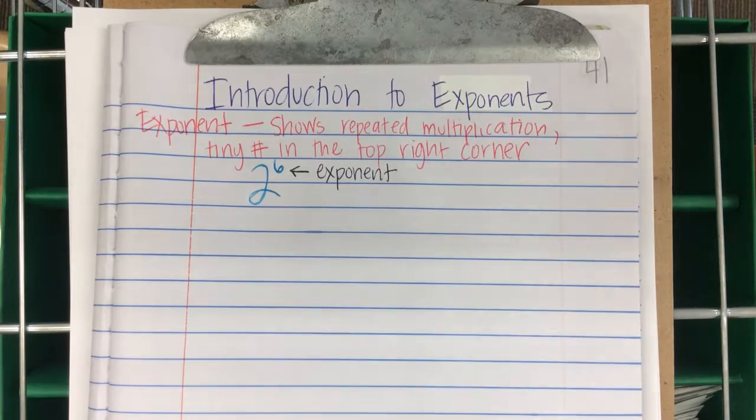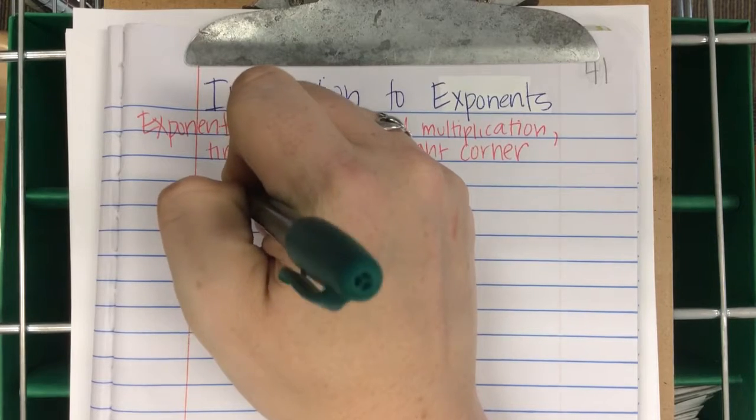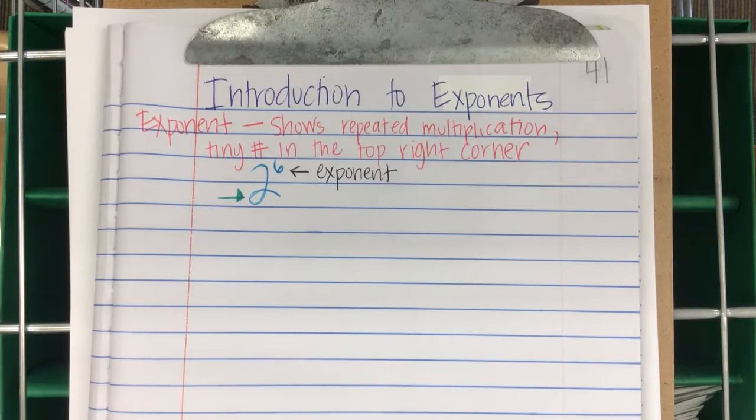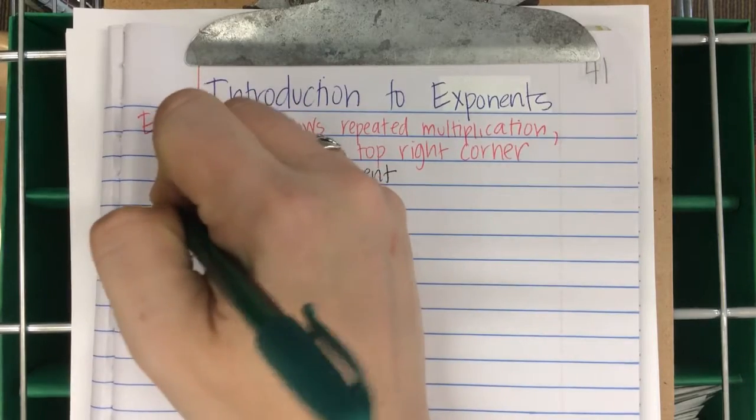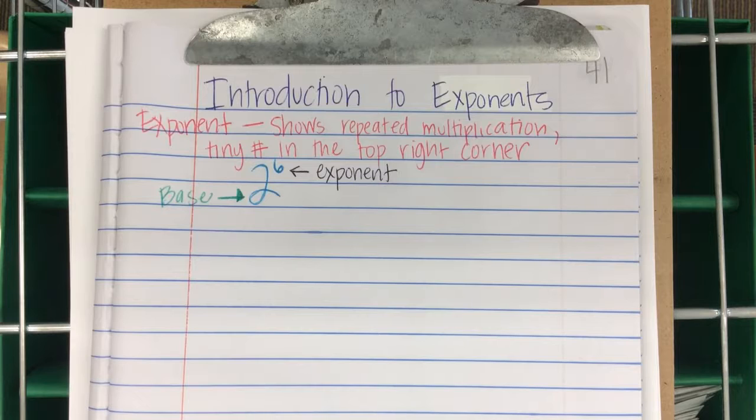6 is the exponent. Does anyone remember what this number is called? What the 2 in this example represents? Good, Ian. It's the base. And last question.